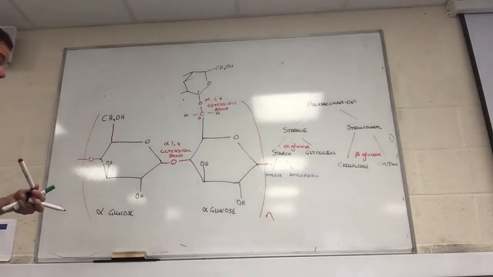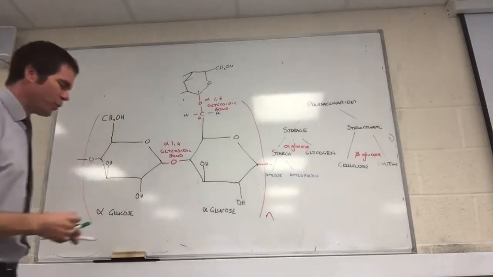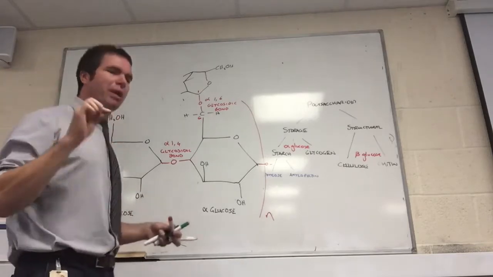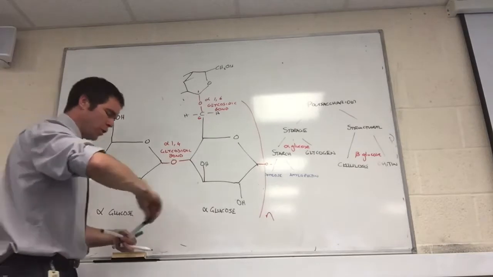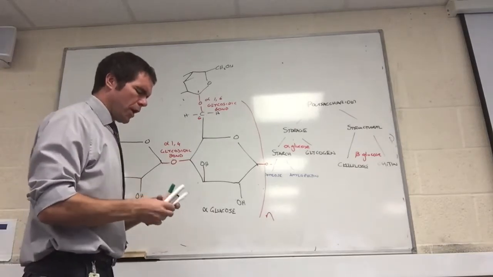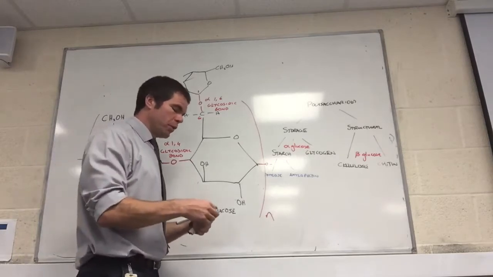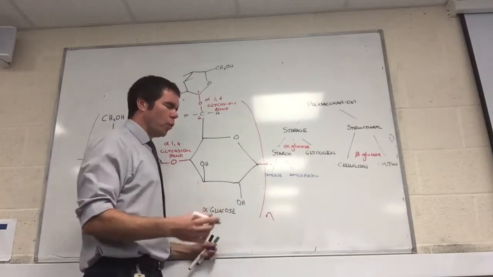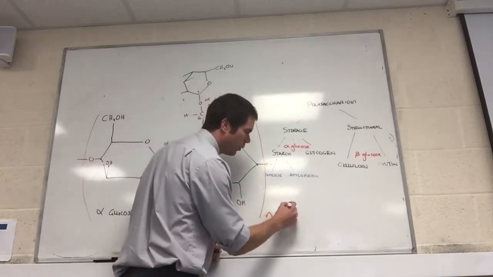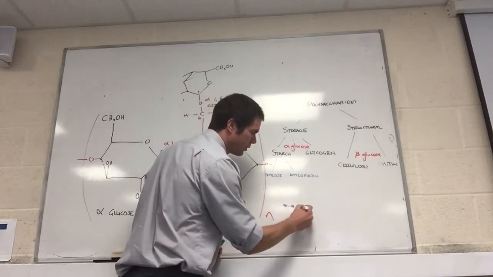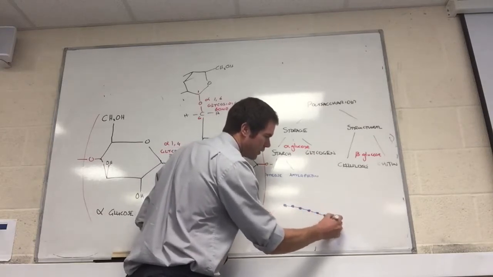Okay, so what we get differently with amylopectin is we have the same base structure, if you like, as amylose, a whole line of alpha glucose molecules joined with 1,4 glycosidic bonds.